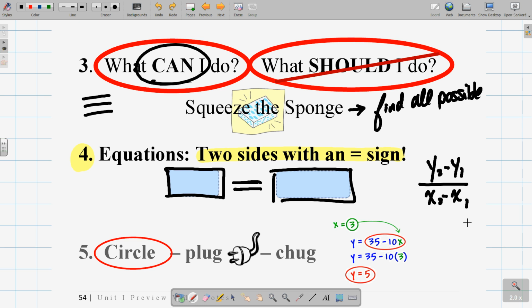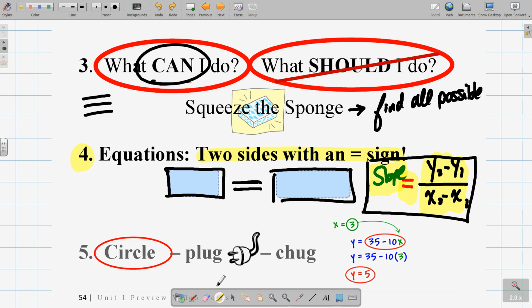Wrong. That is not a slope equation. An equation has two sides with an equal sign. So if I asked for the slope equation, it would be this: slope equals y2 minus y1 over x2 minus x1. Equations have two sides with an equal sign.